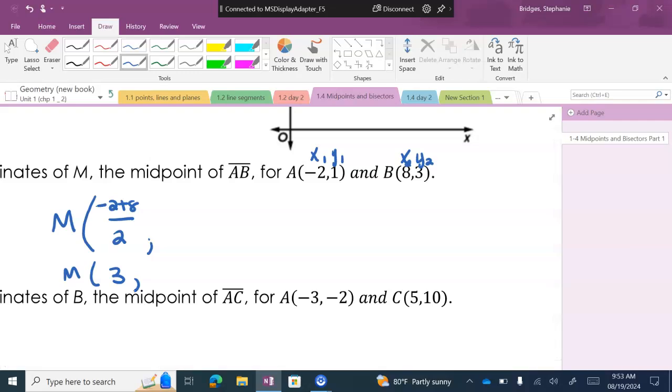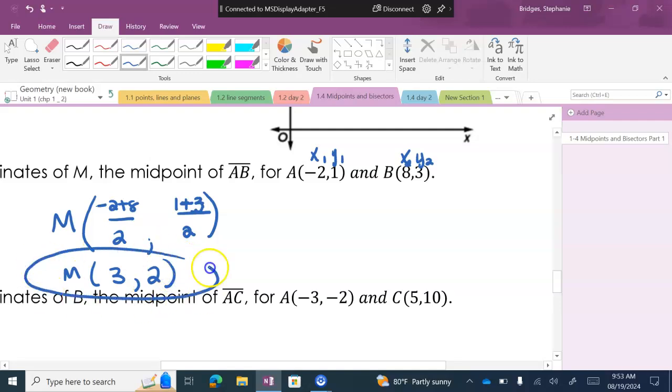And then for my y's, I do exactly the same thing, except I add my y values. What is my y1? 1. Plus my y2 is 3. I'm going to divide that by 2. What's 1 plus 3? 4, and 4 divided by 2 is 2. So my midpoint is going to be at the ordered pair 3, 2.